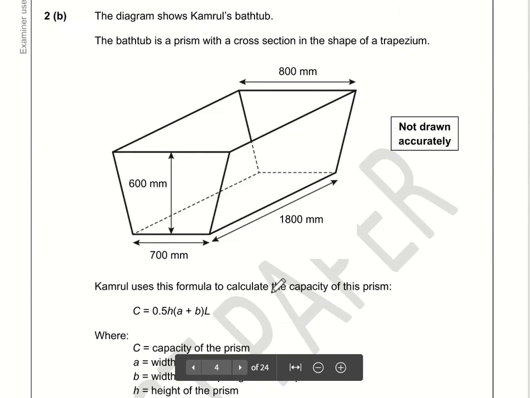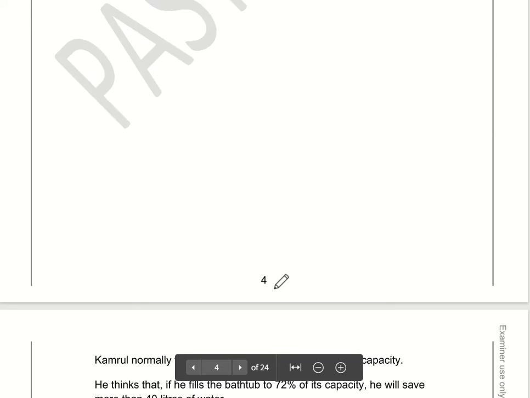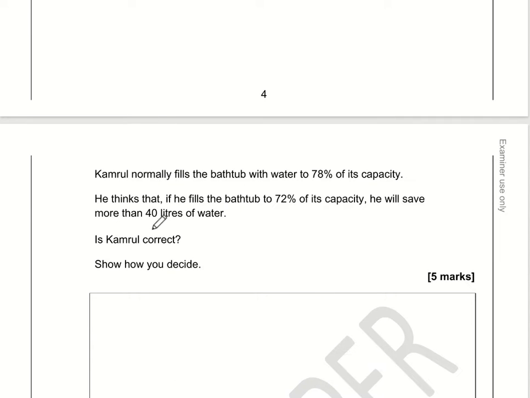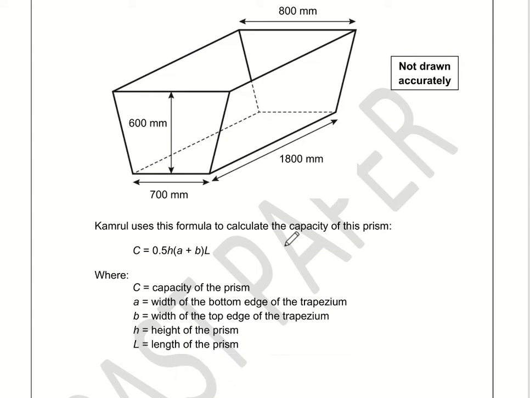For part B, what we need to do here is work out the volume of this prism. Now we're talking about litres here. This isn't immediately obvious. If I work out the capacity using these dimensions in millimetres, I'm going to have a capacity in cubic millimetres, and then I've got the problem of turning that into litres.